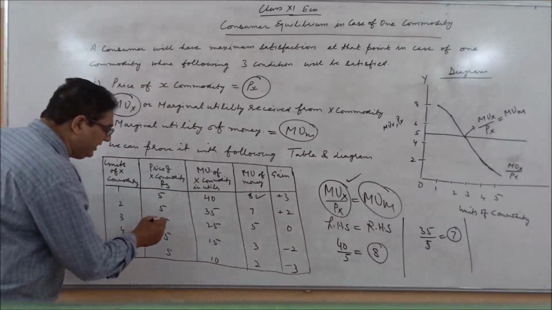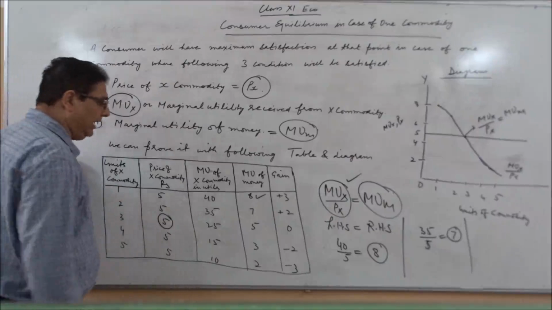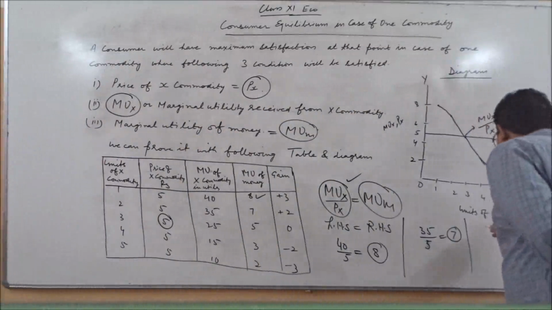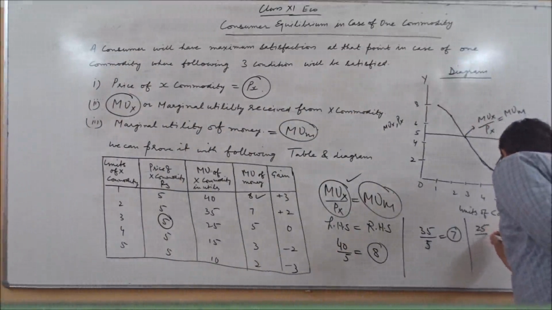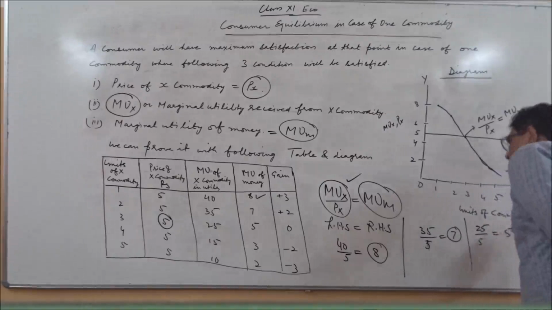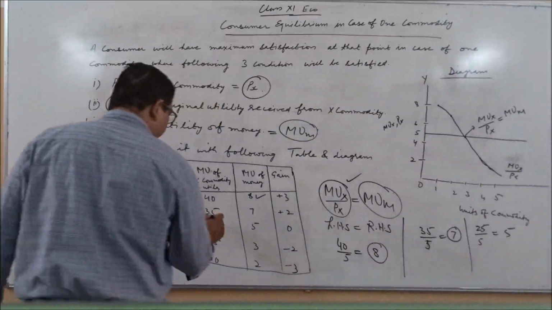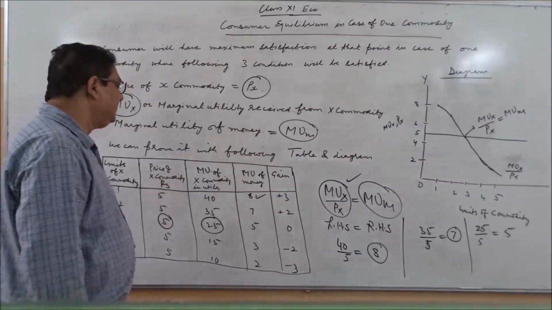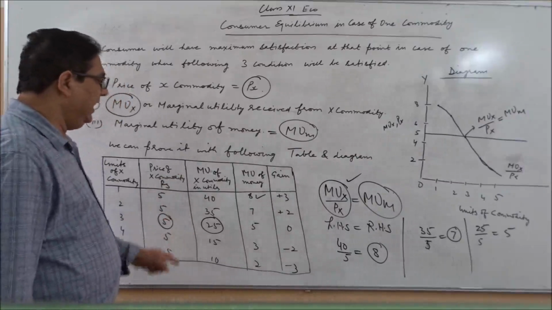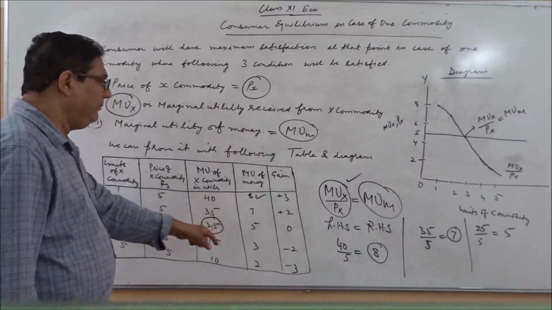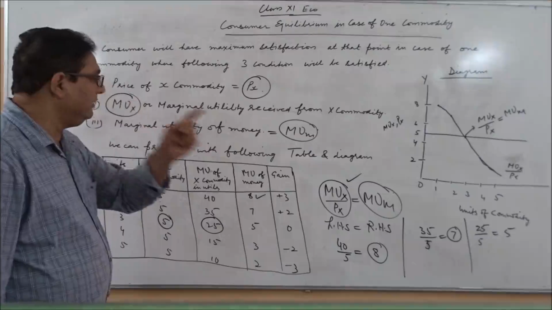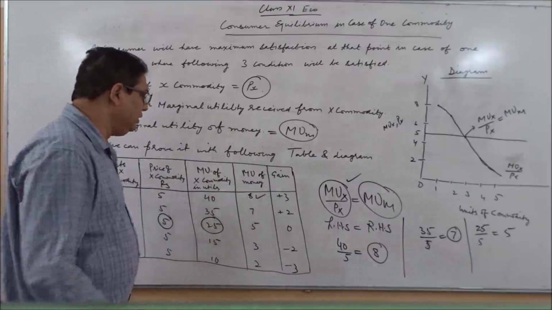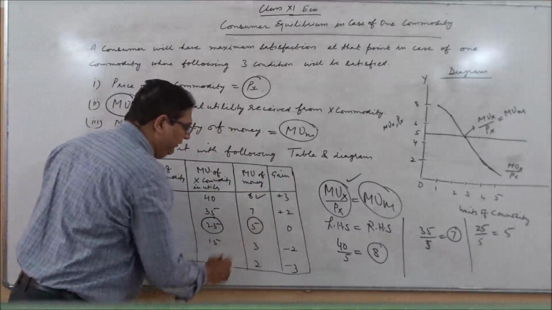At the third unit, the price is 5, and the marginal utility received is 25, so 25 upon 5 is equal to 5. When we apply the formula, we find MUM is now equal to rupees 5.